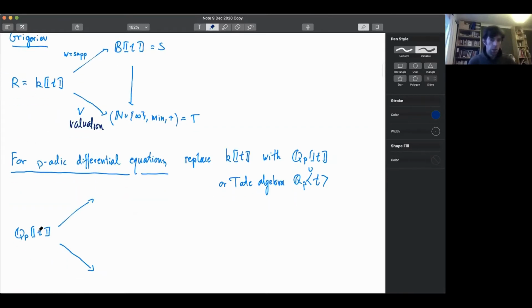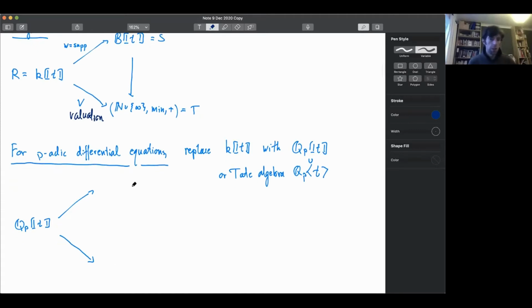So now we've got this sort of a starting point. And the question is, what do we put over here? What's my new S and my new T? Well, if you're interested in getting any sort of information about differential equations over this field, or over the Tate algebra, then you need to record not just which powers of T appear, but what are the p-adic norms or the p-adic valuations of the coefficients.